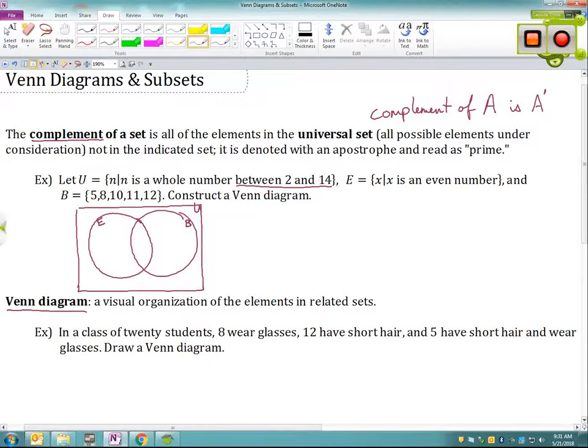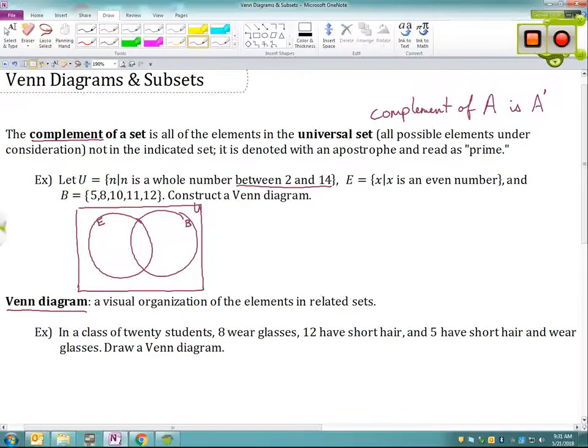What I'm looking at is how I can place all of the numbers in the universal set, the numbers from 3 to 13, inside this visual representation so that the relationships between U, E, and B are correctly represented. The best way to do this is to start with the elements that are common to both.